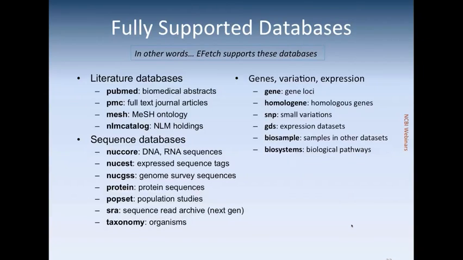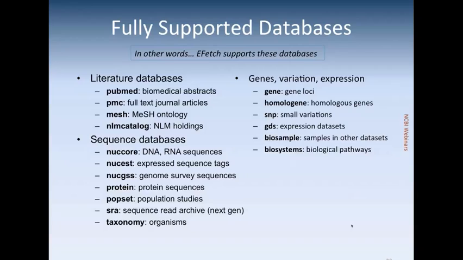Now, the one thing that's important for everyone to understand is that EFetch does not currently support every Entrez database. This is a work in progress. So we do support many of the major databases, and this is often based on community demand. So many of our major databases are well supported. For example, PubMed, PMC, MeSH, and ELink Catalog in the literature area.